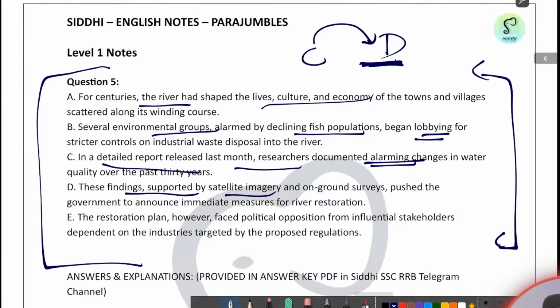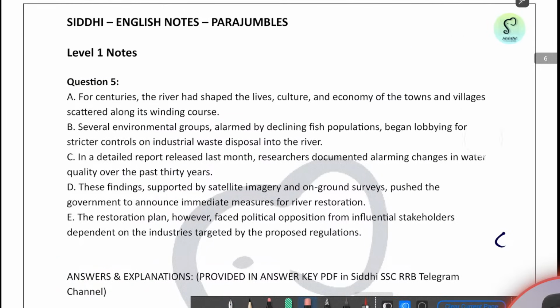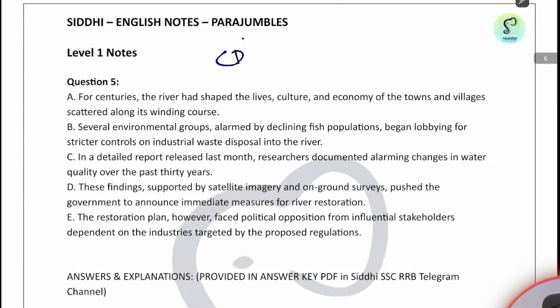Solve this RC. Please solve this RC and fill all the 5 blank spaces. You have C and D. Yes, you're good. Now fill me the entire parajumble and give me the answer, please.